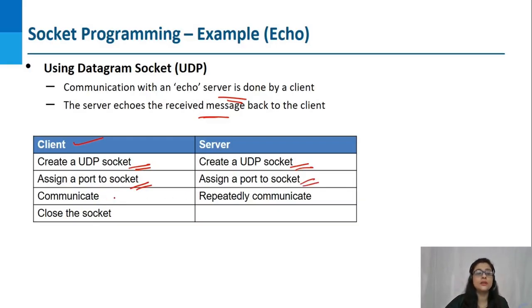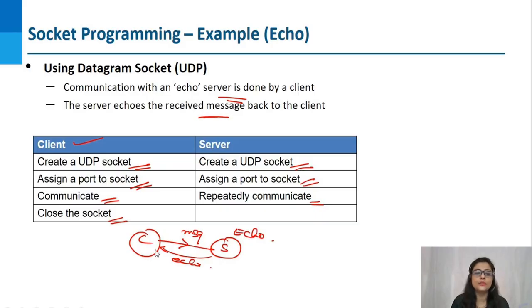The client will initiate the communication, and the server will repeatedly communicate until the client closes the socket. Because here there is a client which will send a message. It will go to the echo server, and the server will continuously echo back the message to the client until the client closes the socket.